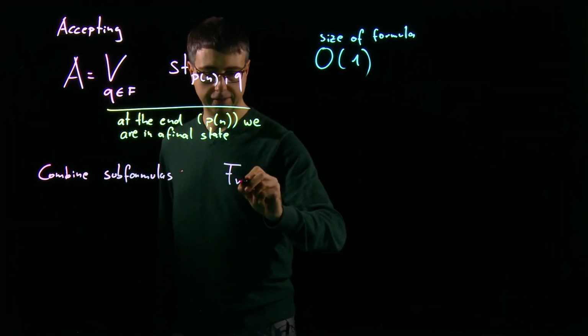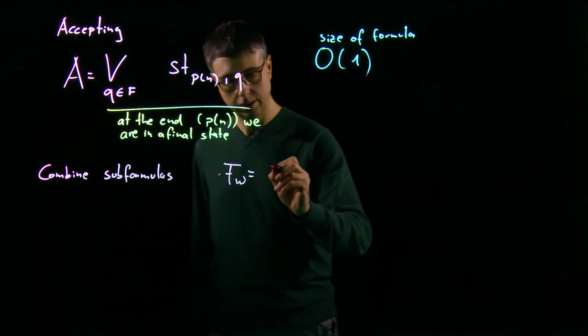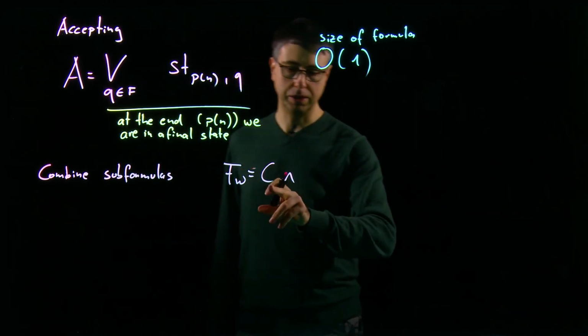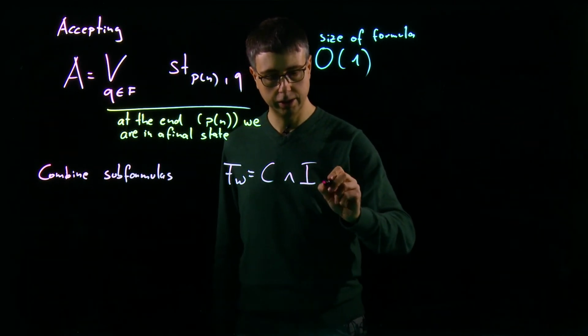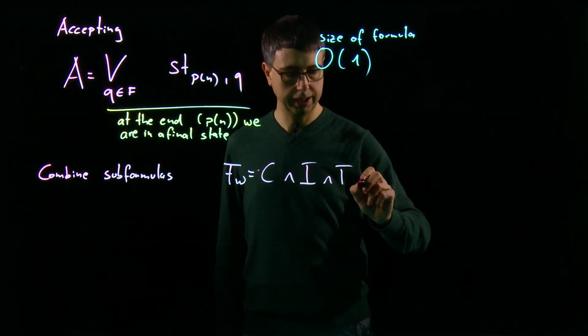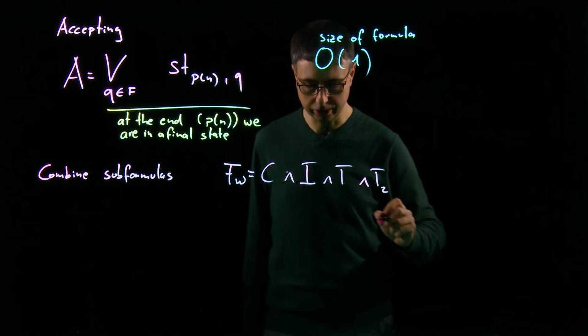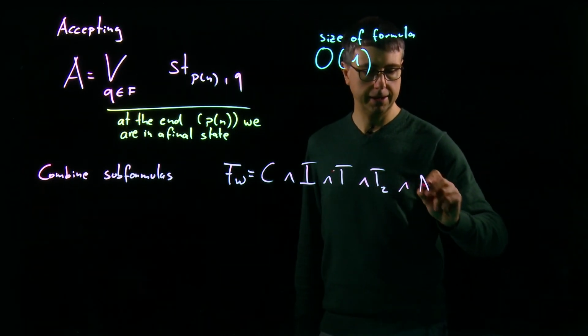We simply take all the parts we have: the one with the constraints, then the initial condition, the transition relation, and the second part of the transition relation, and the acceptance formula.